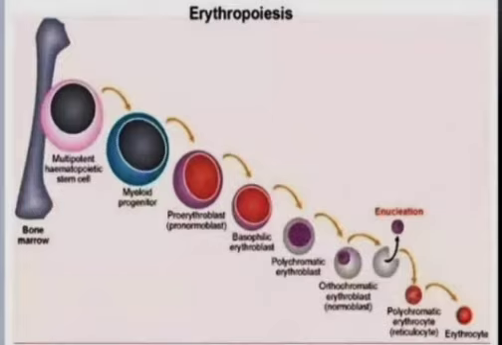And we said that erythropoiesis occurs in three main stages. The first stage is the size stage or size maturation. The second one is nucleus maturation, and then the third one is cytoplasmic maturation.